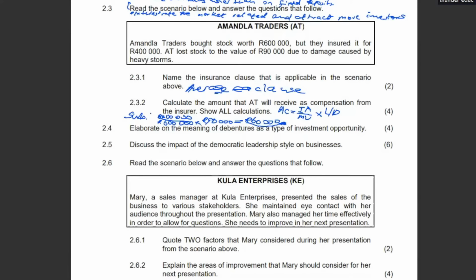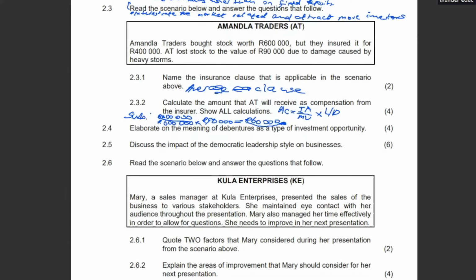Next question, we have 2.4. Elaborate on the meaning of debentures as a type of investment opportunity. So now debentures, we're actually going to say that most types of debentures can be traded on the Johannesburg Stock Exchange. Most of them, they actually are traded on the Johannesburg Stock Exchange. And also debentures are issued to raise borrowed capital from the public.